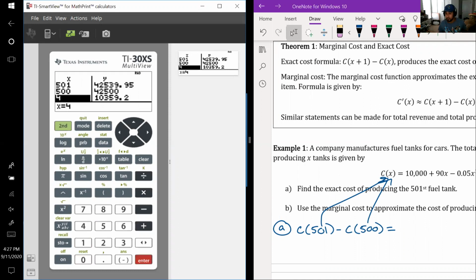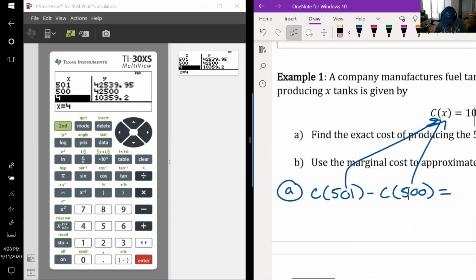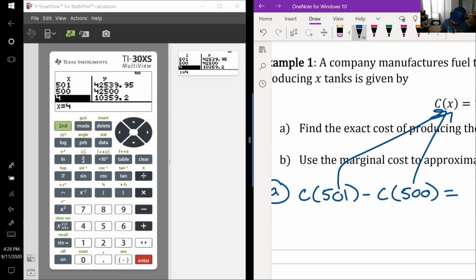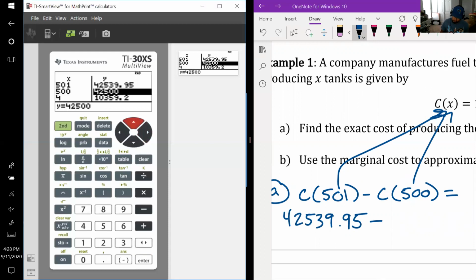Let me write down those values. At 501, I get $42,539.95. Minus, at 500, we have 42,500.